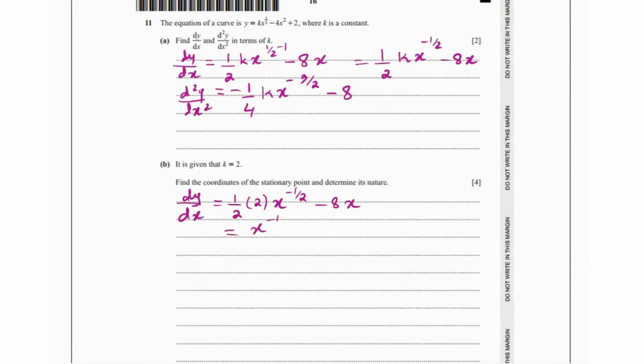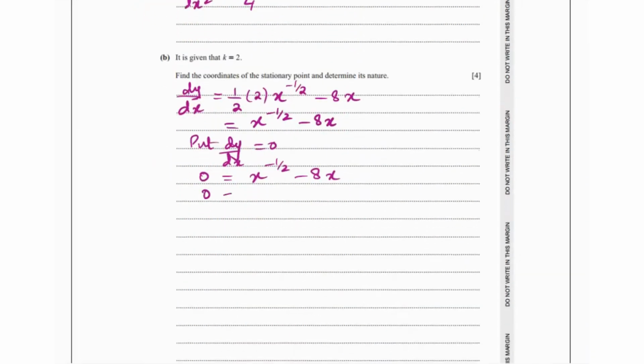That's x to the power of negative 1 over 2 minus 8x. That is the first derivative. Now to determine the stationary point, we put dy by dx equal to 0. 0 equals x to the power of negative 1 over 2 minus 8x. If we write it as a positive exponent, 1 over root x minus 8x.